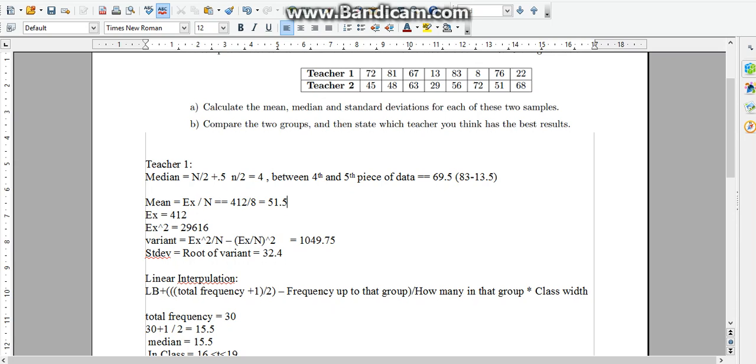So if you want to do everything in x squared, it's not 412 squared. It would be each piece of data, and you square each one and add them together as you go along. Otherwise, you'll get a completely different number, and it won't be the right one, which is what we want. We all want the right number. So yeah, you just chuck it into that formula, and you get that, and that's the variance.